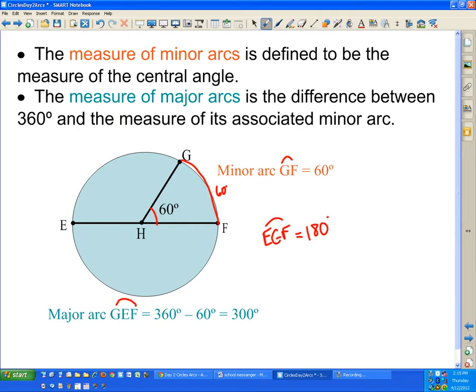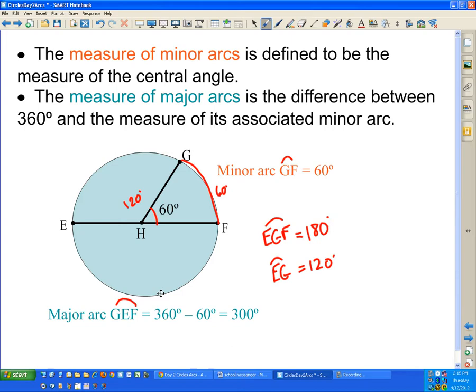In that case, if 60 degrees is taken up by GF, then arc EG would have to be 120 degrees to make up the difference. So you can learn some things from this, and then we could find out where some other measurements are if there were other angles in here. So that's the way you're going to be working with these.